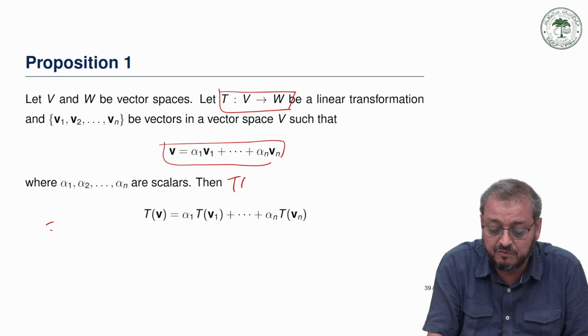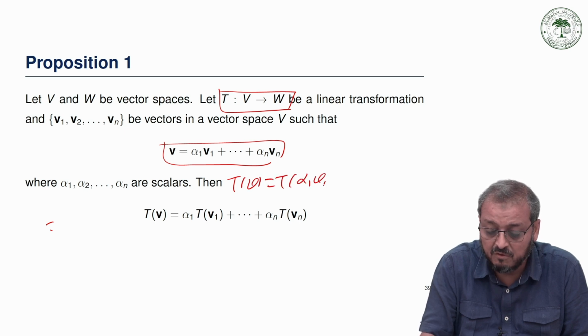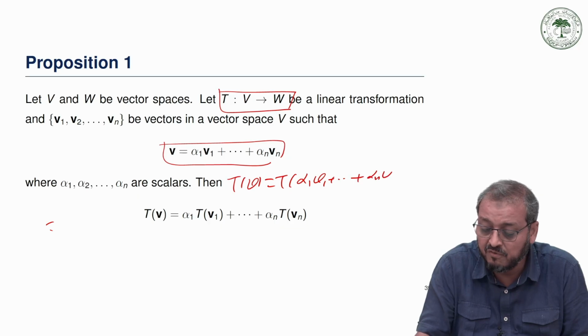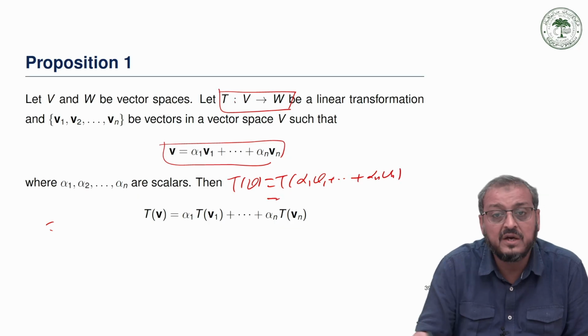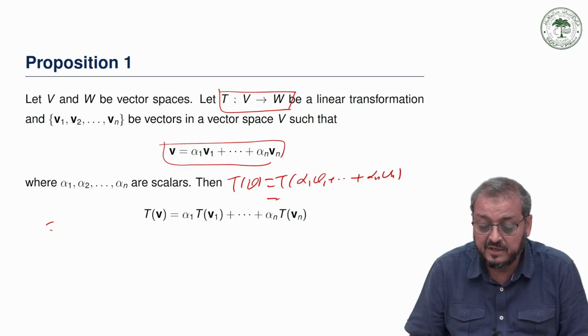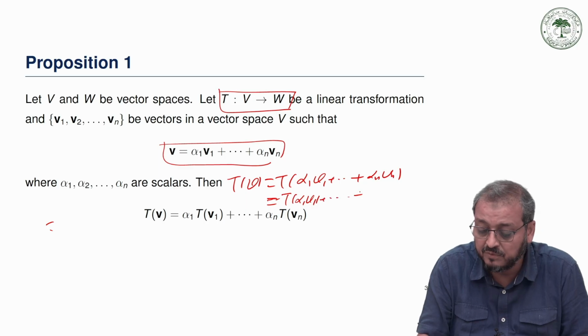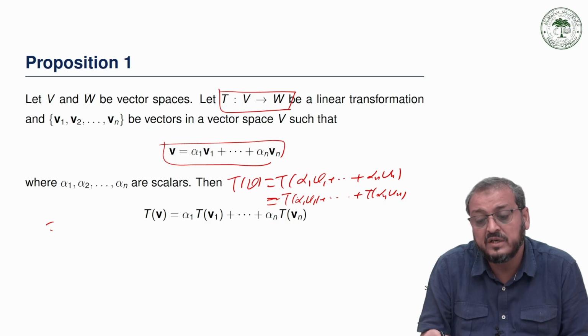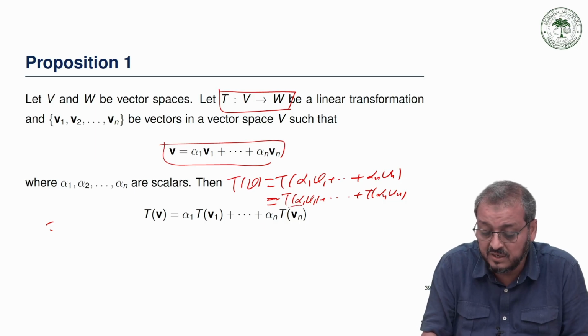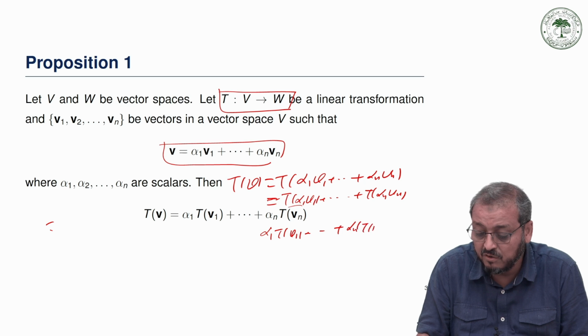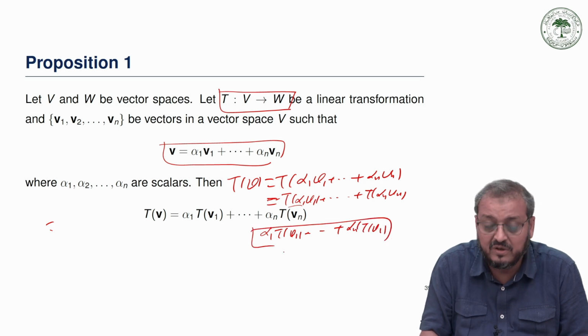T of V can be written as T of alpha 1 V1 plus so on plus alpha n Vn, and because T is a linear map, this is T of alpha 1 V1 plus so on plus T of alpha n Vn, and again using the linearity of T, this can be written as alpha 1 T of V1 and so on plus alpha n T of Vn. So this is the very trivial proof.